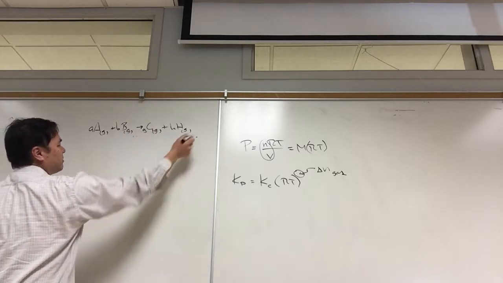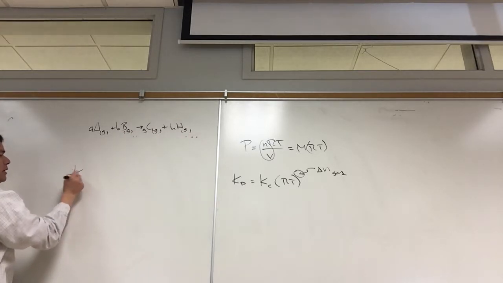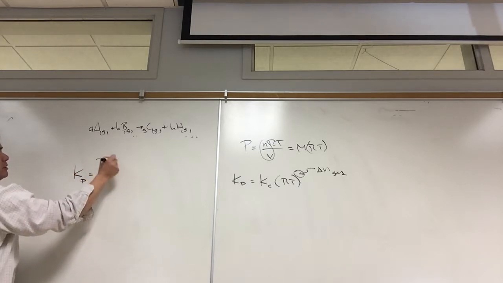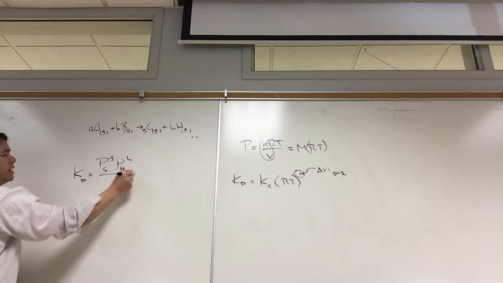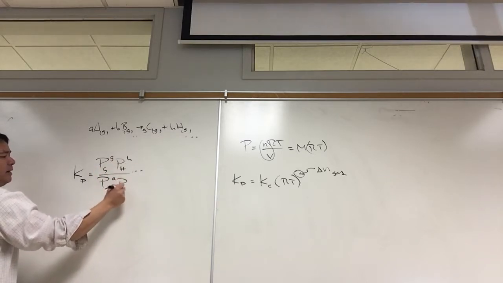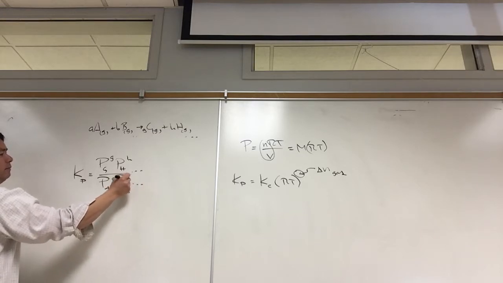Kp is going to be the partial pressure of G raised to little g, partial pressure of H raised to little h, dot, dot, dot, over partial pressure of A, partial pressure of B, dot, dot, dot.